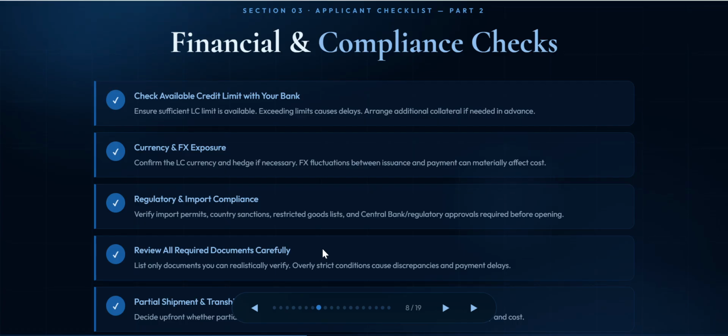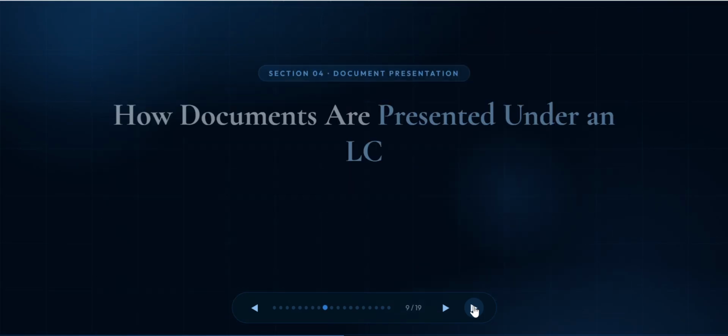So you should not mention any conditions for which the documents are not presented, right? So vague conditions should not be mentioned in the LC. Then whether partial shipment is allowed and transshipment is allowed or not, that has to be clearly stated in the LC application, so as to reflect in the letter of credit.